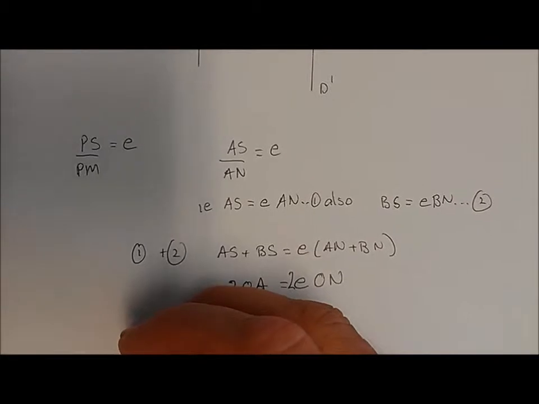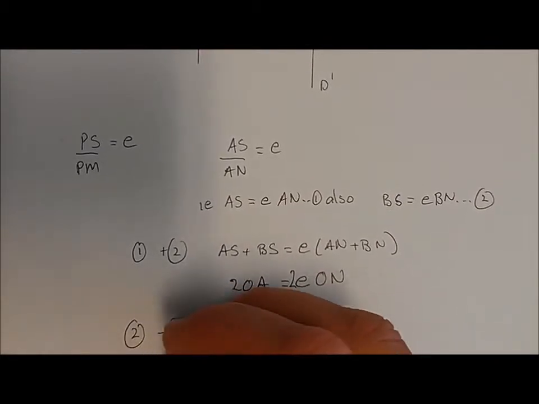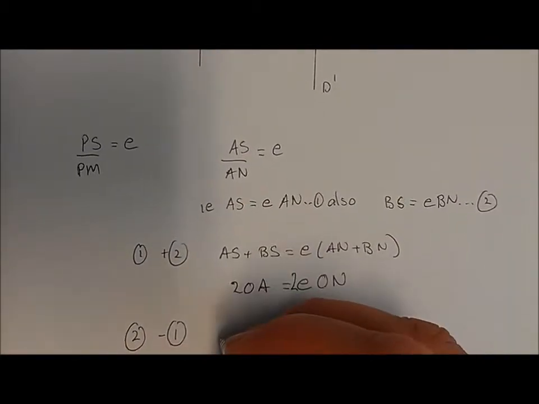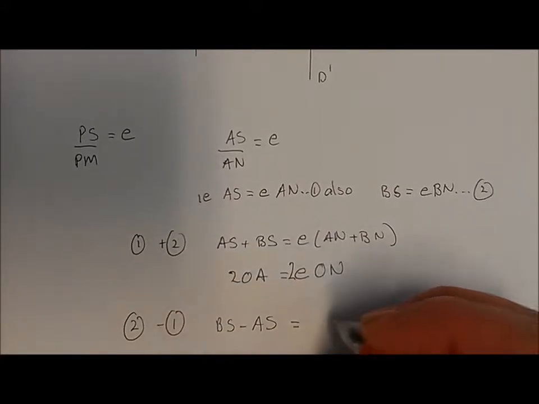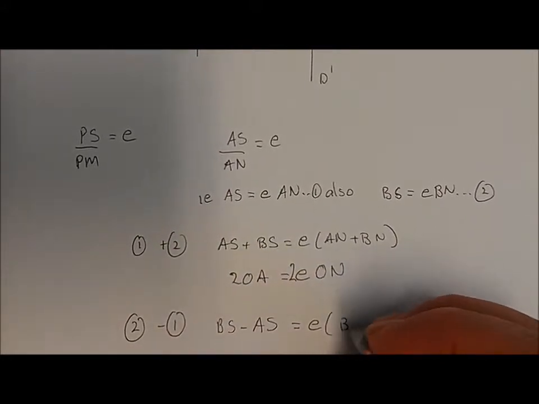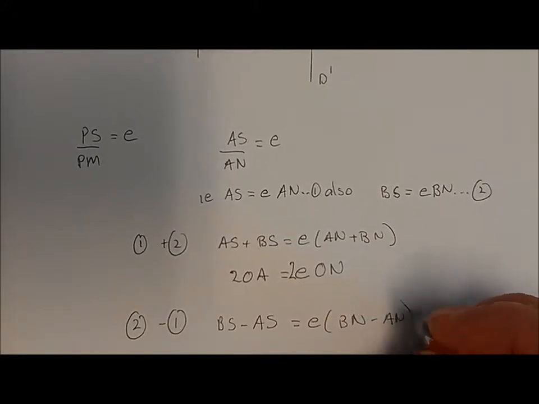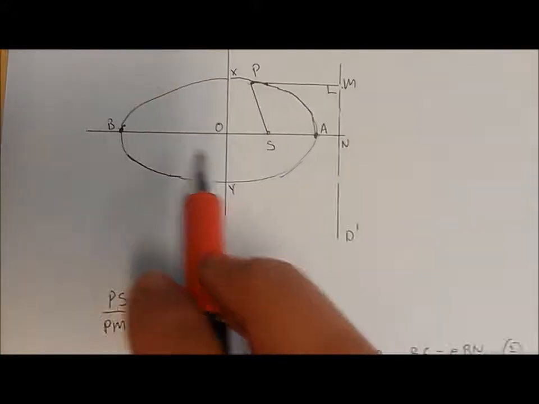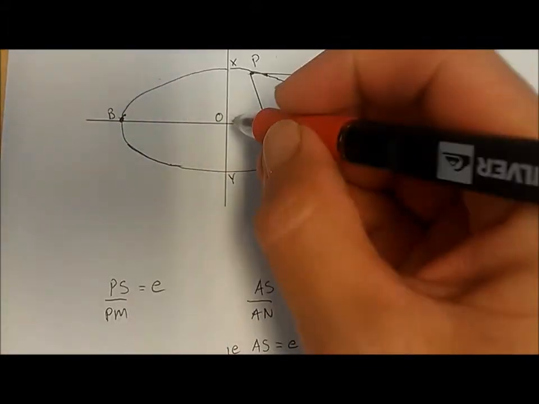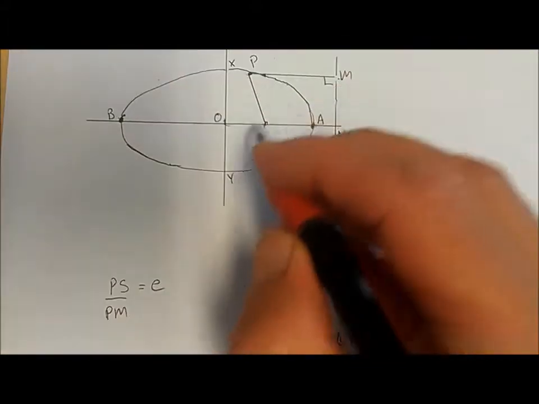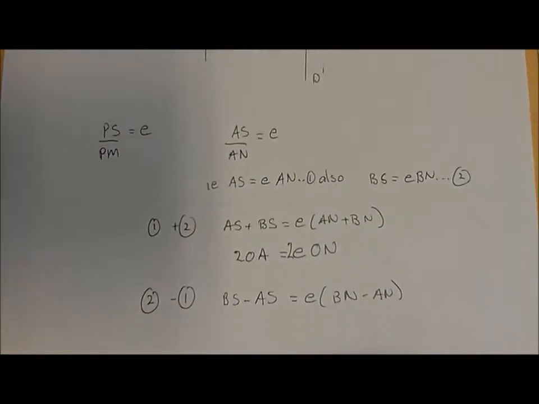Alright, and then if I subtract them, 2 minus 1, from my statements I get that BS minus AS is equal to E lots of BN minus AN. And again, looking at what that means, BS take away AS is 2 lots of this distance in here, OS, 2 lots of OS.